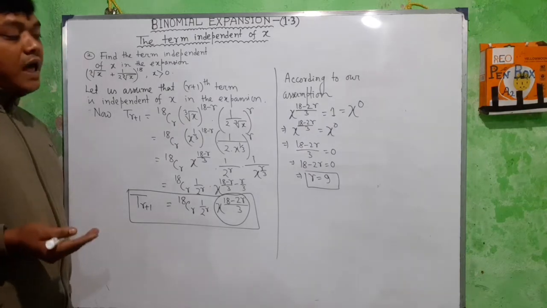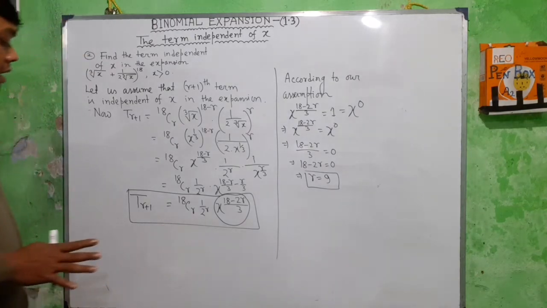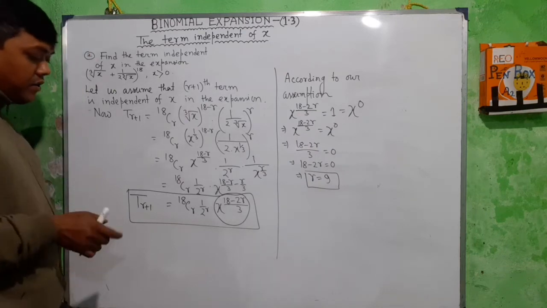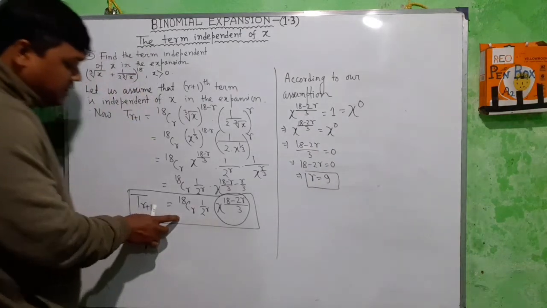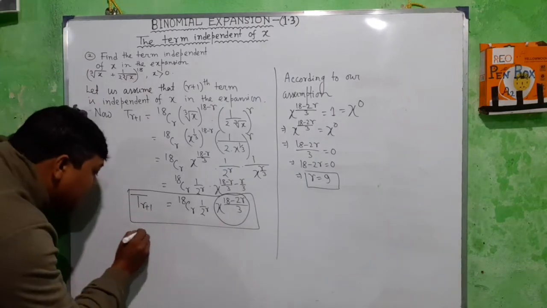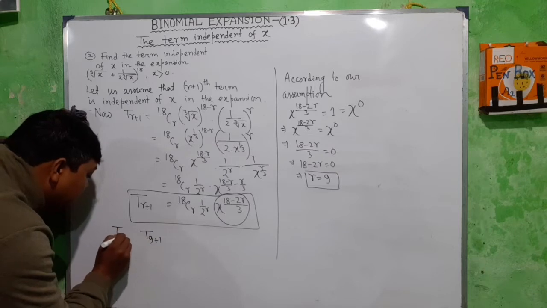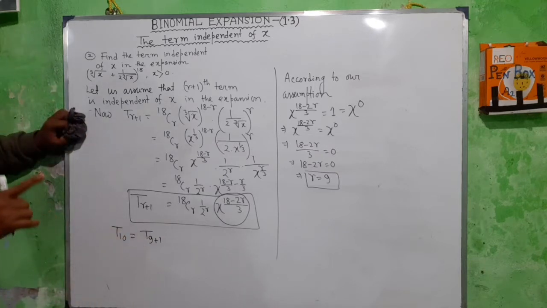And if you know the value of r, then you will get the term. So which term is independent of x? If I put r equals 9 in this expression, we will get t(9 plus 1). That means you can consider t10, the 10th term. The 10th term is independent of x.